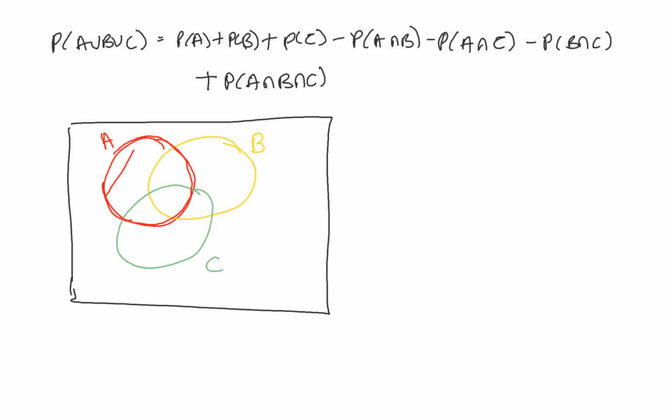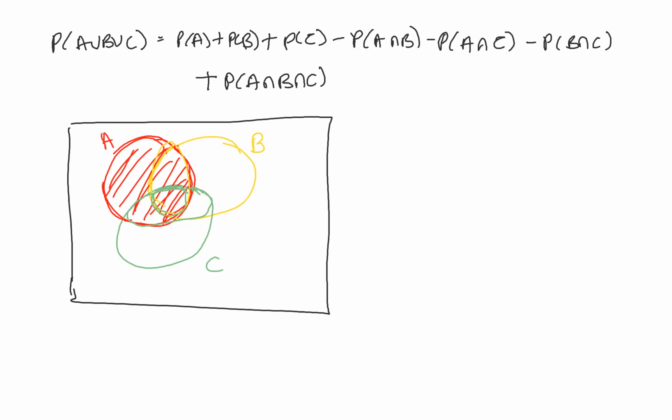By considering this whole space, you've also counted a portion of B and C. So in adding the probability of B, you have double added this side. You have double added this side. Now in adding C, you have also double added this side and even triple added this side.